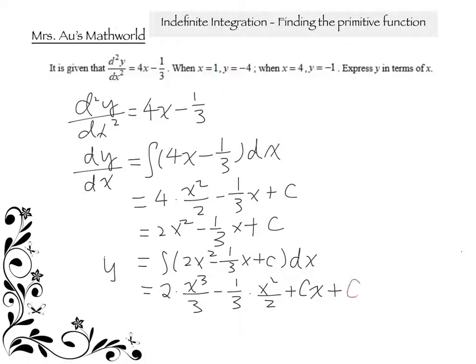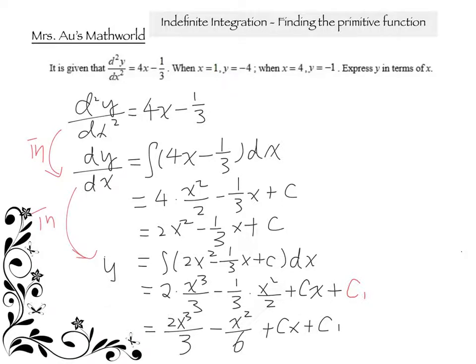The second constant doesn't have a relationship with c, which means they are not the same. So we need to put a new constant, called c1. Then simplify it first. The equation of y will be 2x cubed divided by 3 minus x squared divided by 6 plus cx plus c1. These are the processes of integration.